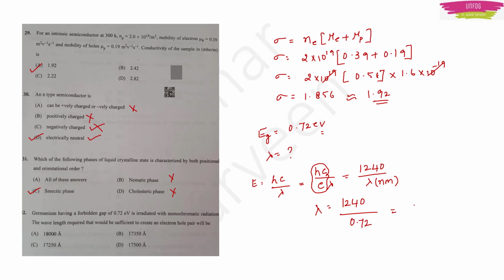So if I divide, I get 1722 nanometer. But here in options, everything is in angstroms, right? So 1722, probably there will be 0 here. So it will be in angstroms. So which is the nearest one is this, 17220. So this is the right option. Option C.